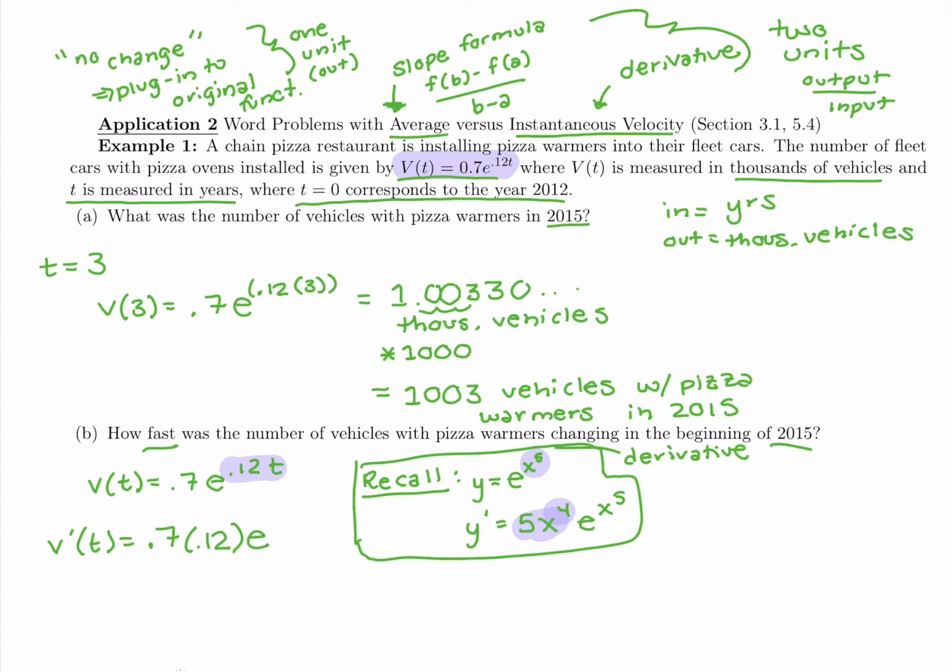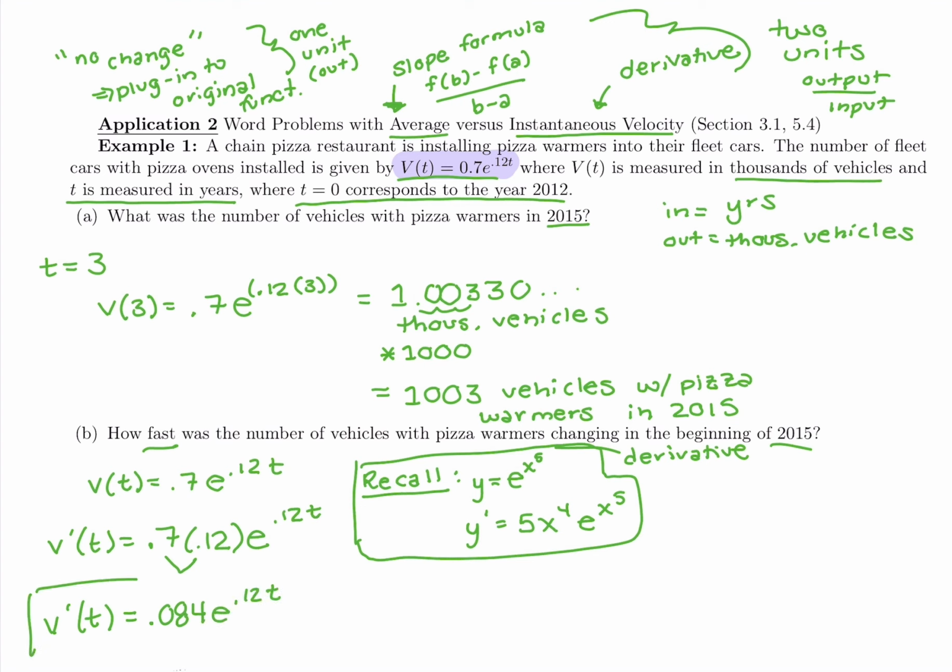And then we have e to the original power. There's some review of e to a power that's not just x. Derivative of the power times e to the original power. We could plug in just like this, or if we want to take a second and multiply out these constants, we could. V prime of t. 0.7 times 0.12 is going to give us 0.084 e to the 0.12 t.